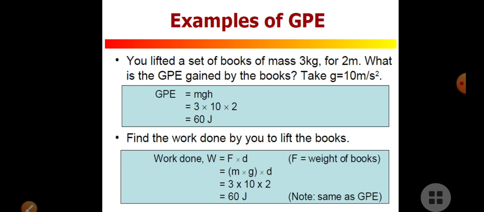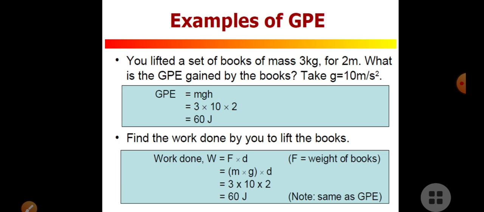Now, in the same case, find the work done by you to lift the books. The work done formula is force into displacement, and the formula of force is equal to mg. It is given, displacement is also given. So when we multiply, we get the same answer, that is 60 joule. So the work done by you is the same as the gravitational potential energy possessed by the object.